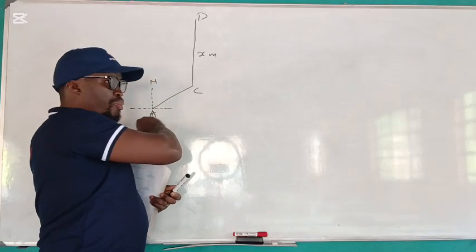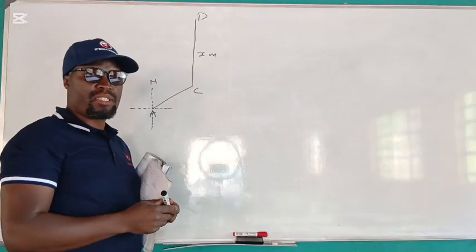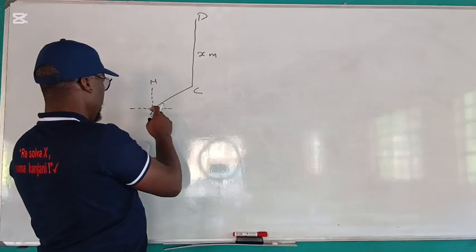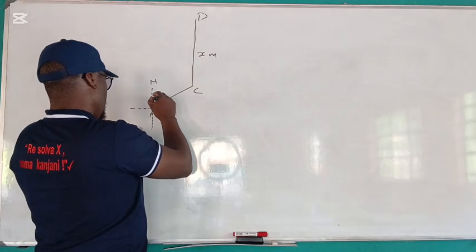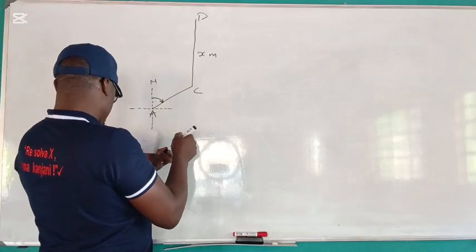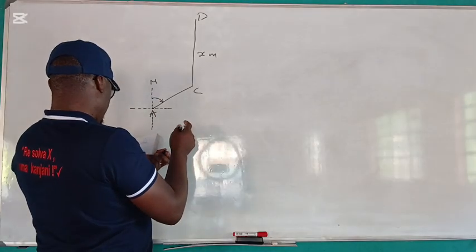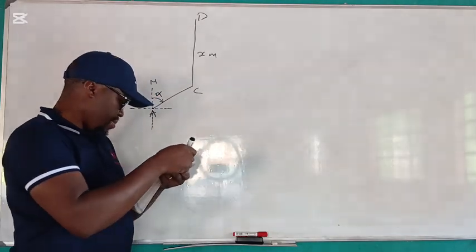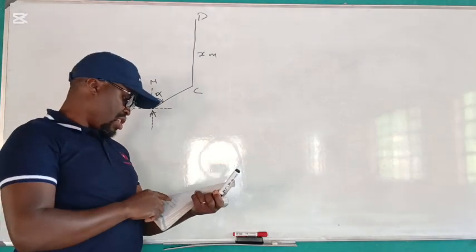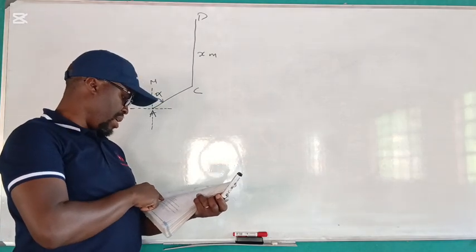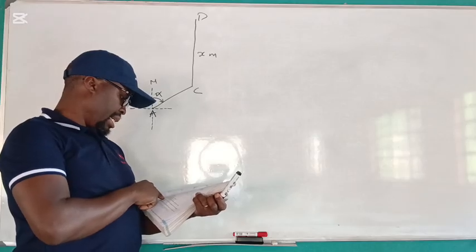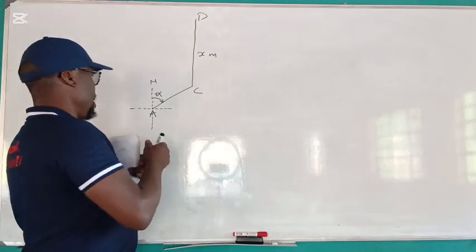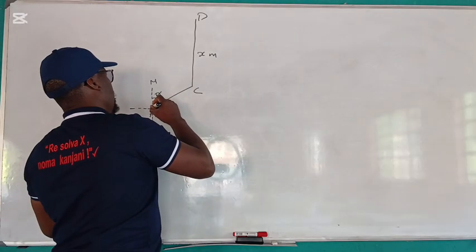You start from the North Pole and you move in a clockwise direction. So the bearing of C from A, we are told that it is alpha. So this is alpha. And the angle of elevation of the top of the observation tower is theta from A.